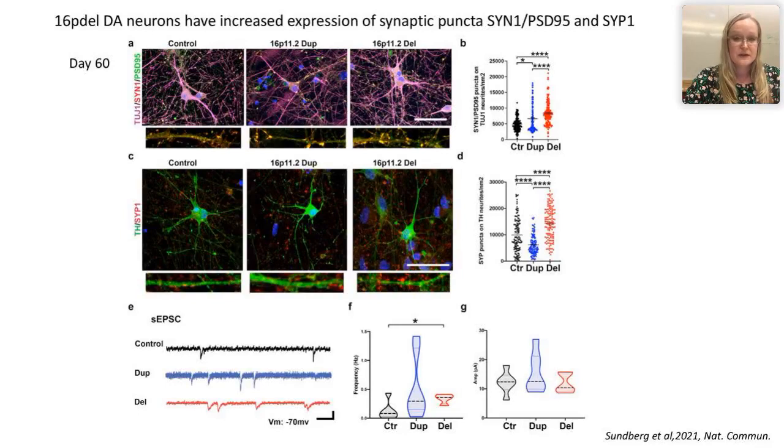So first we did a patch clamping experiment where we recorded spontaneous excitatory postsynaptic currents, and we detected that the frequency of these EPSCs was significantly increased in the 16p deletion cells, shown here in red in panel F, compared to control population.